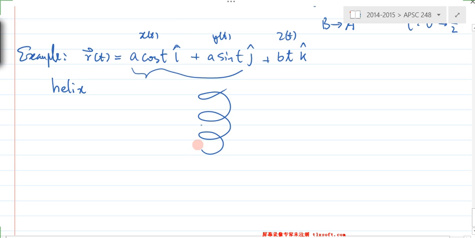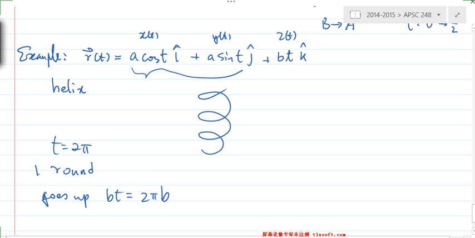When t equals 2 pi, it goes one round. So the point goes one round. At the same time, it's going up by how much? bt equals 2 pi b, right?